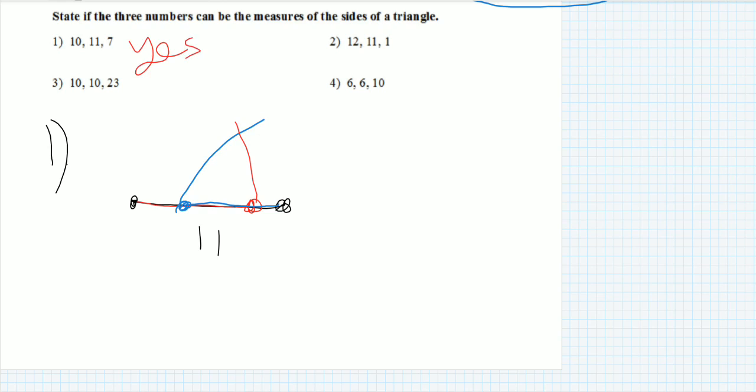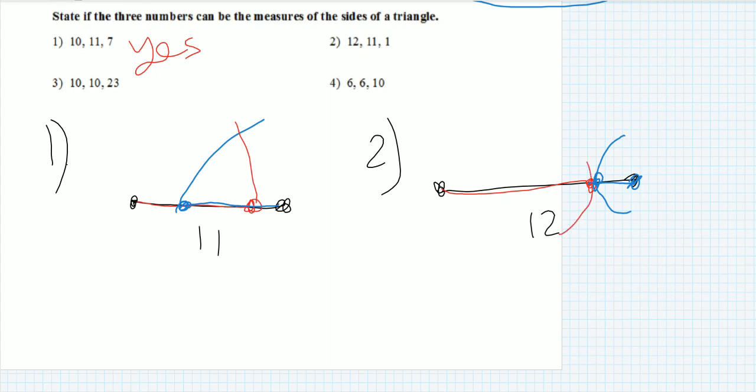Let's go to number 2: 12, 11, and 1. So 12 goes there, 11 would go right there, and then 1 would go there. If you notice, they already intersect on the straight line. So what that means is that if I create my triangles, they're not going to intersect anymore. So this is a no.